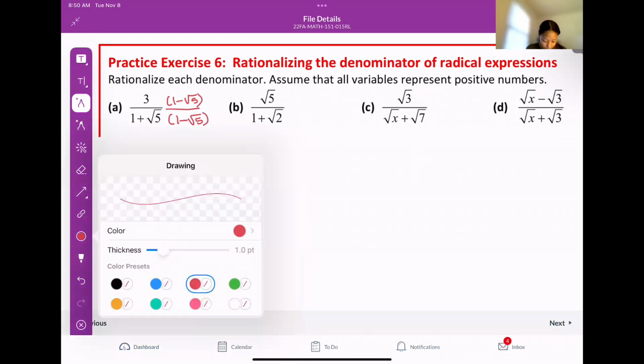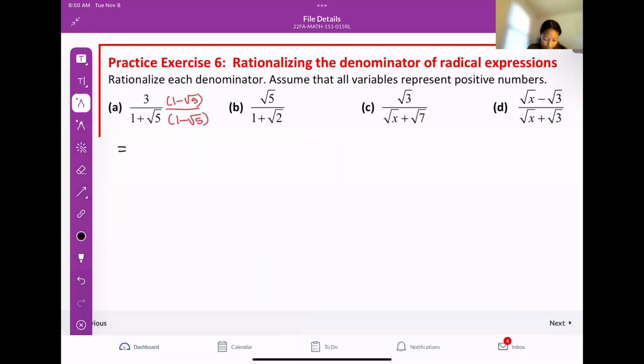All right, so in our numerator, we have 3 times 1 minus the square root of 5. I'm just going to write it this way for right now. 3 times 1 minus root 5, and then divided by 1 plus root 5 times 1 minus root 5.